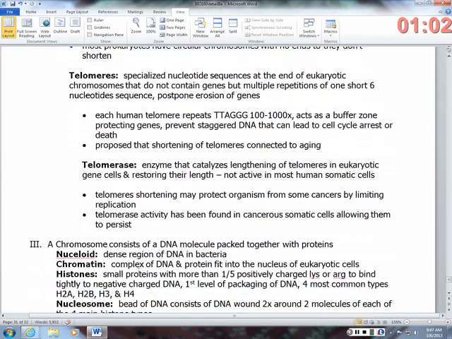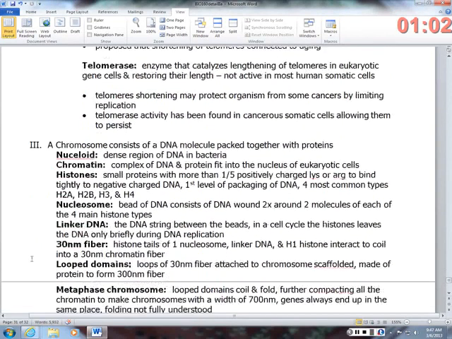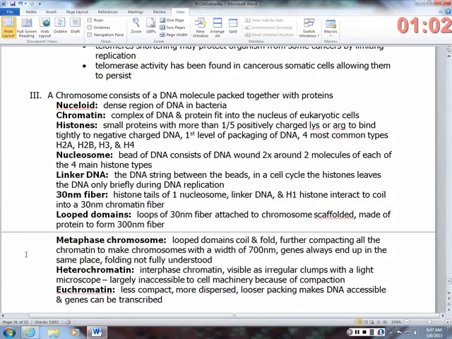They will only get so far because they can only replicate out of control so many times. And then it runs out of telomere and it stops the cell cycle and it keeps the tumor from getting too big. Well, those nasty little cancer cells have been found to be able to create some telomerase activity where they can just keep on going and create more telomeres that will allow them to become immortal and keep copying.